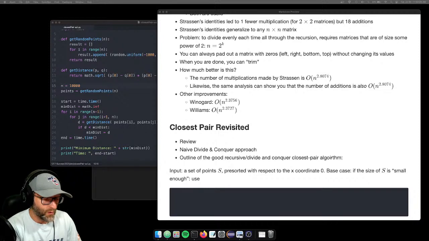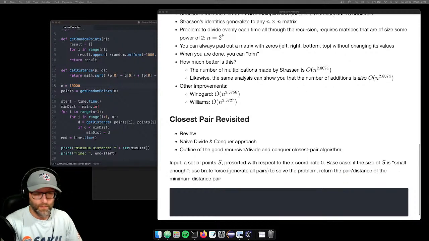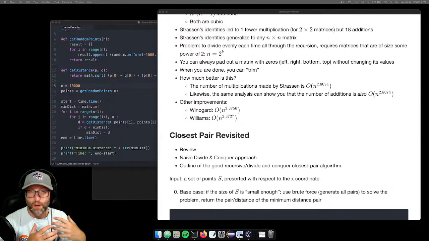Use brute force, that is, generate all pairs to solve the problem, and return the pair and distance of the minimum distance pair. Again, that cutoff could be 2 points.